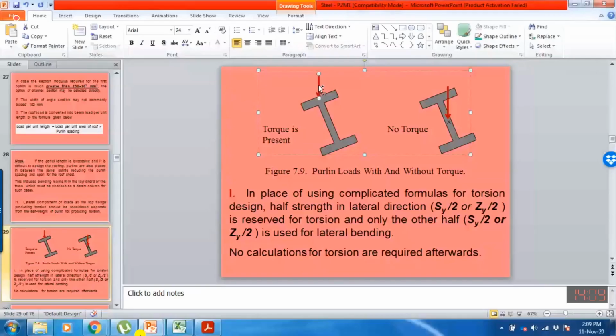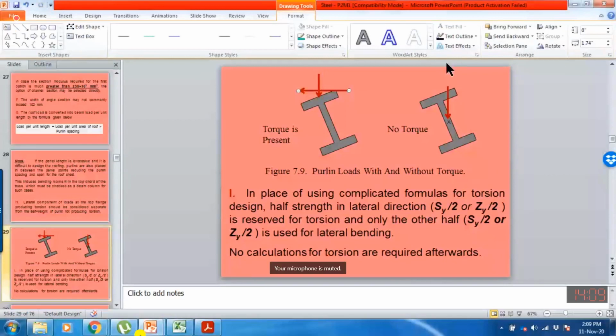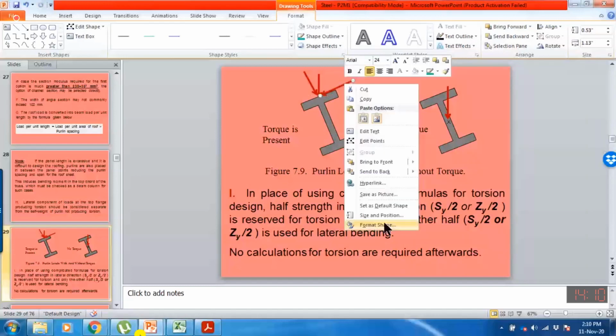So I want to explain. Just for your understanding, I would like to change the color.